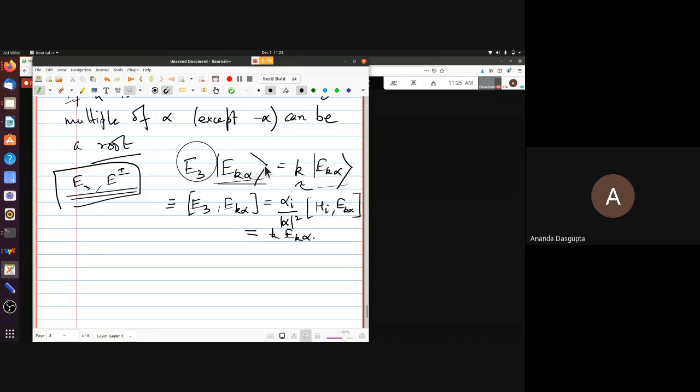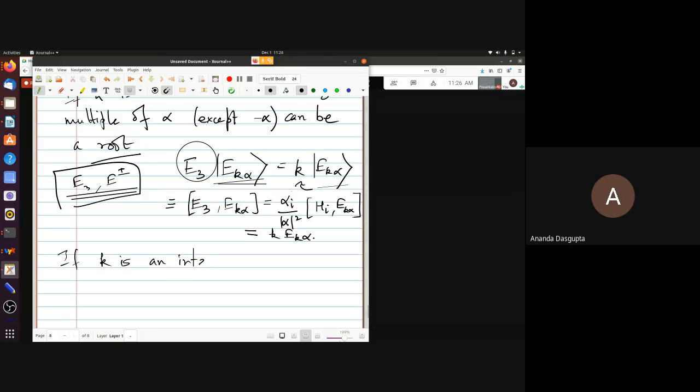The next step is to show that the only possible values of K are plus minus 1, which of course is not obvious at this stage, right? At this stage, all we know is K can be any integer or half integer. But then, let's say if K is an integer, there are two possibilities: an integer or a half odd integer.